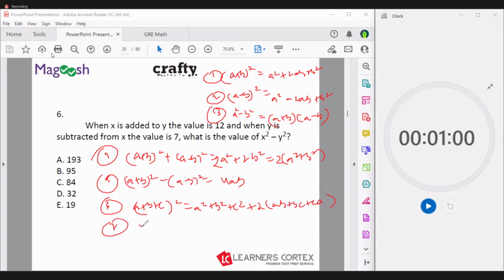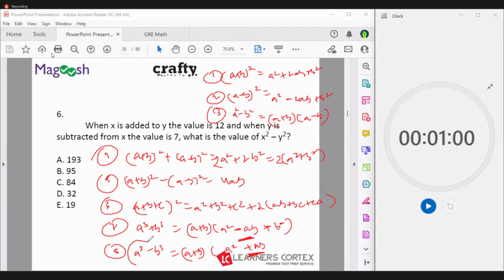Then we have a cube plus b cube, which is a plus b times a square minus ab plus b square. This is something very important to remember. And then the eighth one is a cube minus b cube.